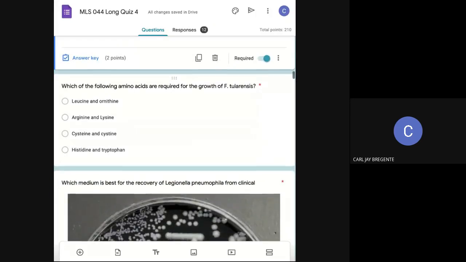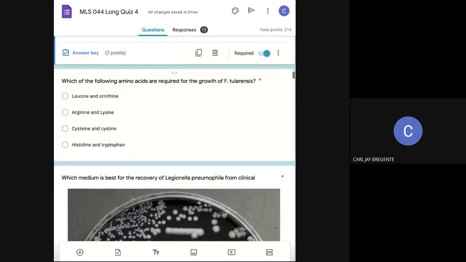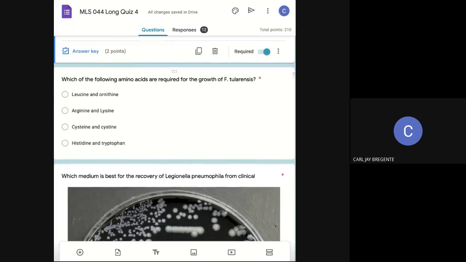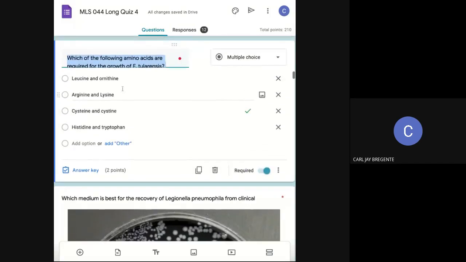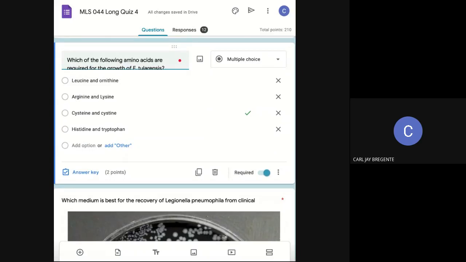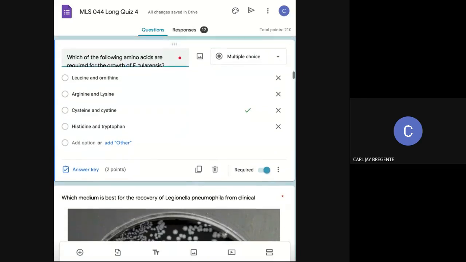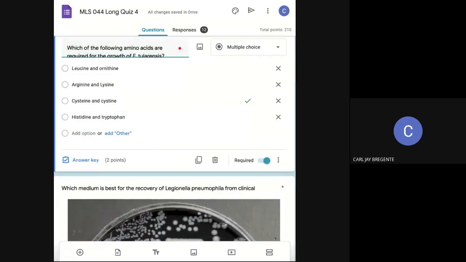Which of the following amino acids are required for the growth of Francisella tularensis? The correct answer is cysteine and cystine. Cysteine, because it requires cysteine supplements for the growth of your organism.